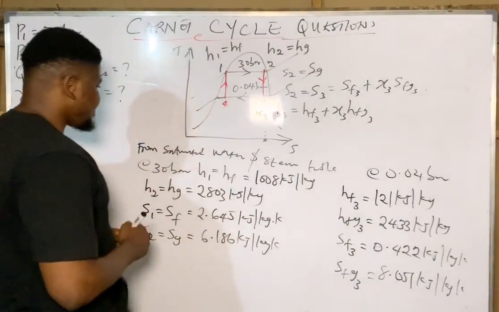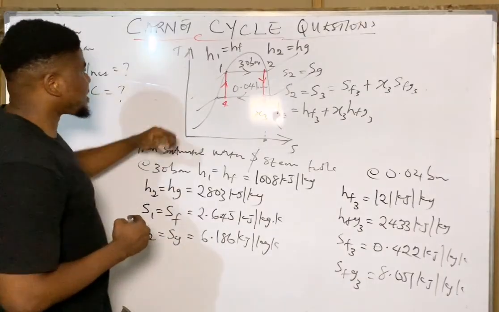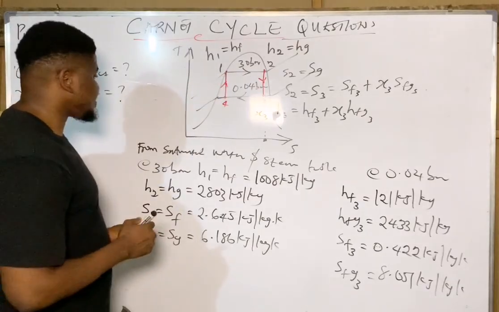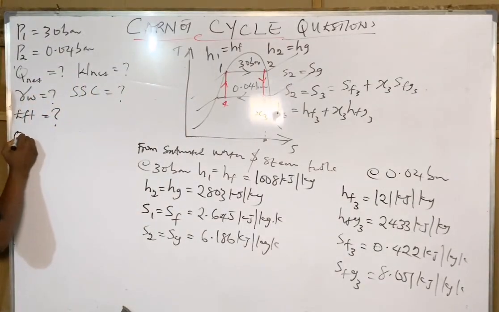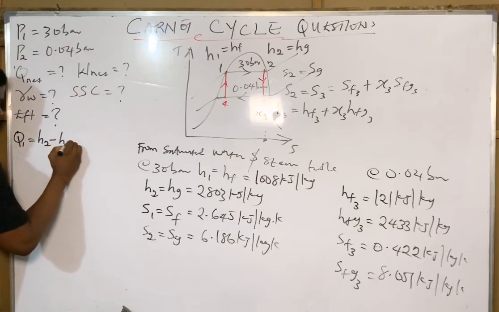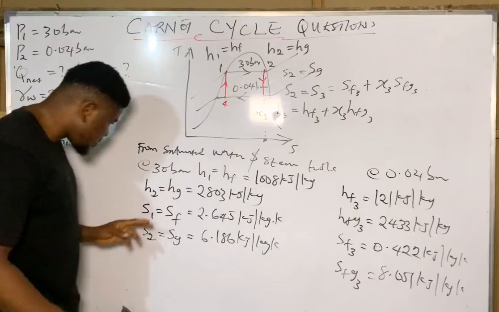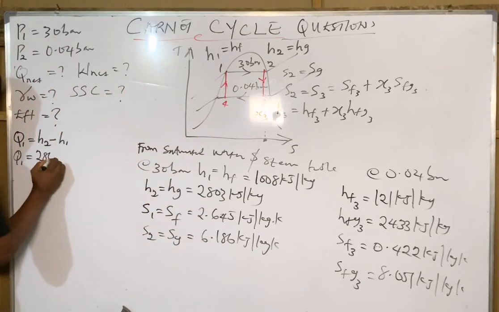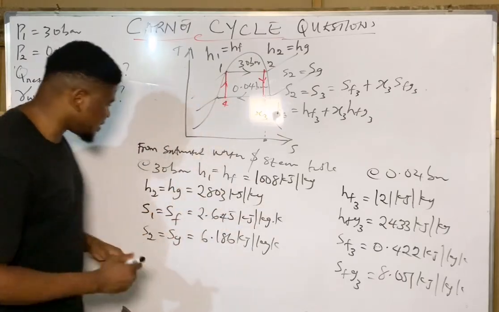Now, having found these parameters, we know our H1 and H2. We can compute the heat supplied. Heat is supplied from state 1 to state 2 in the Carnot cycle. I explained all of this in the first video. So the heat supplied, Q1, is equal to H2 minus H1. H2 gave us 2803, minus H1, which gave us 1008.